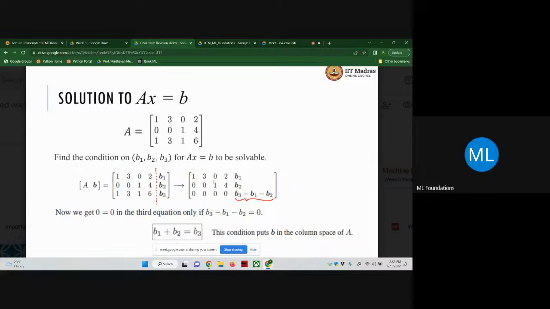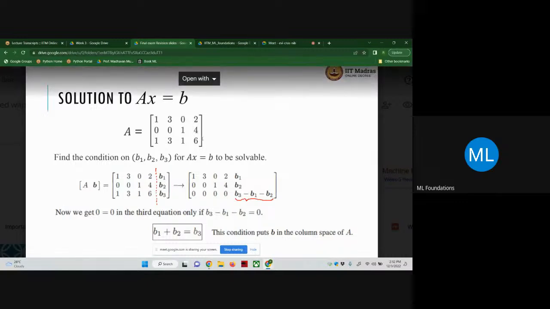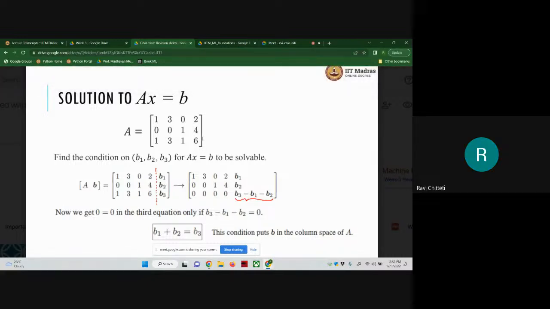Yes, the rank is only 2. But even without going into this, we can say that it will have multiple solutions. It's solvable, and it will have infinitely many solutions.